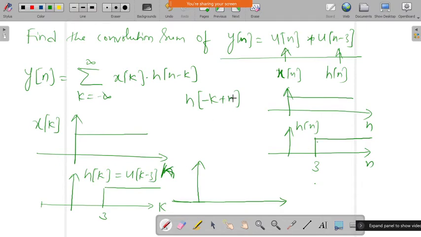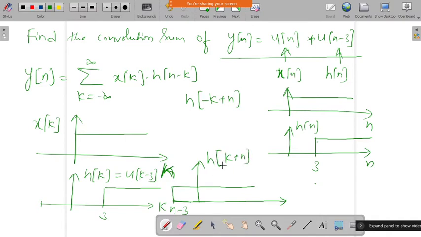Since I am shifting to the negative side, we are moving in the negative direction, so this will become n minus 3. This 3 value is going to negate, so it is shifted by n minus 3. Now this is nothing but our h of k plus n.